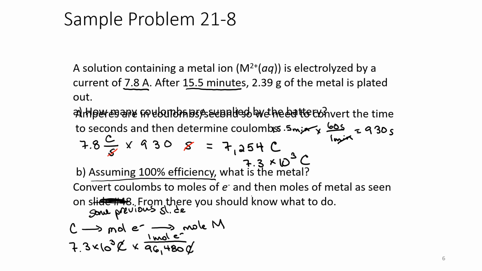Now we want to find the number of moles of metal. All right, so we have to see up at the top, this is M2 plus. So what that really means is that I'm going to get 1 mole of metal, but to get a mole of metal, it's going to require 2 moles of electrons.